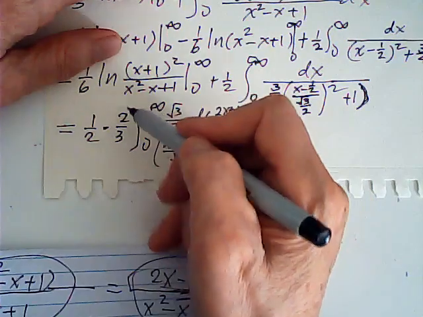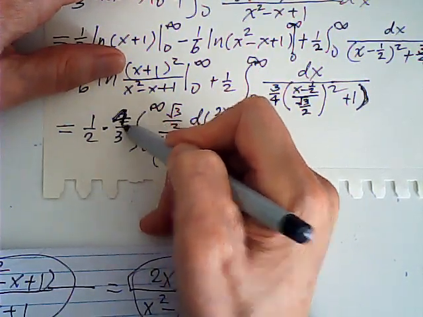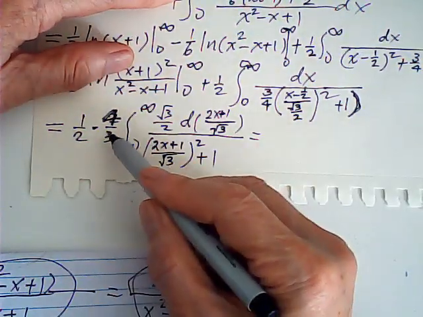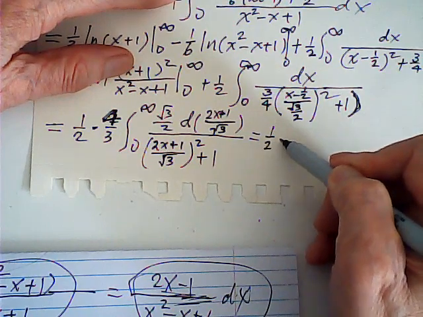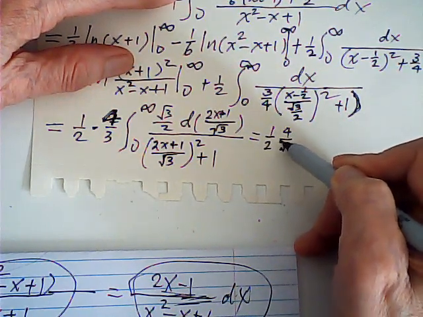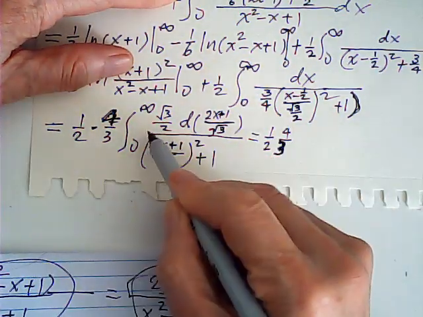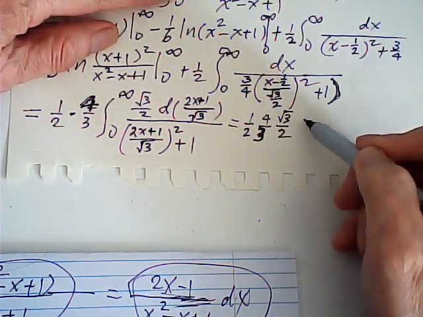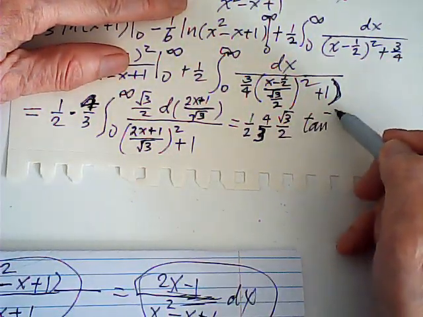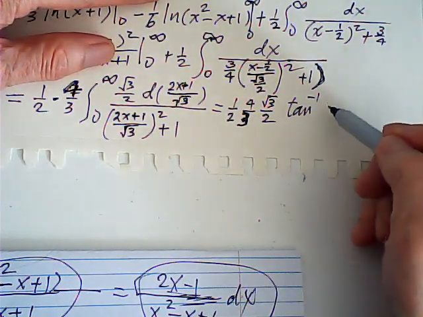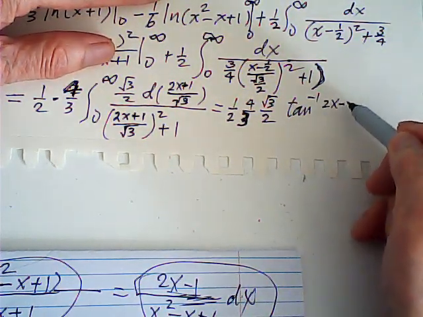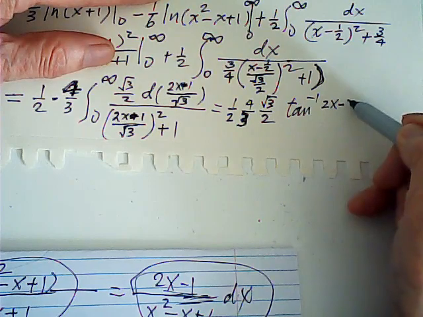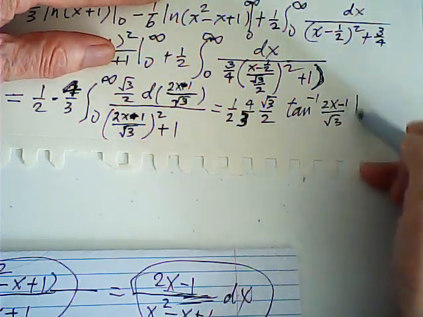This is 4, sorry. So this is 1/2, this is 4 over 3, times root 3 over 2, and this is arctangent of 2x minus 1 over root 3 from 0 to infinity.